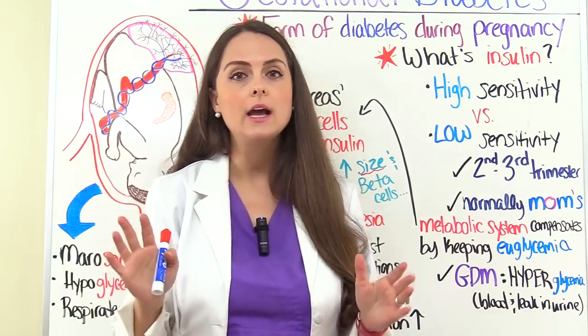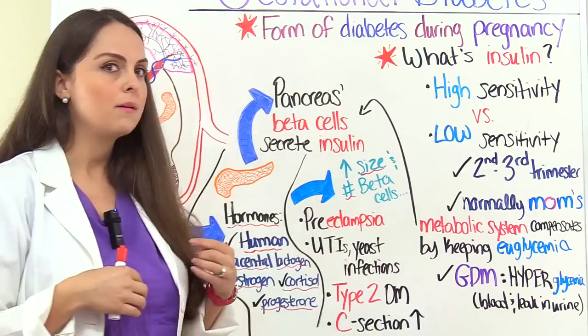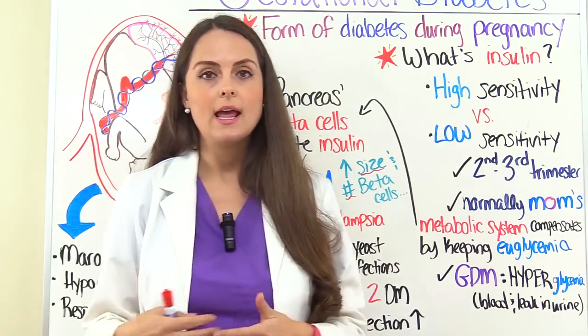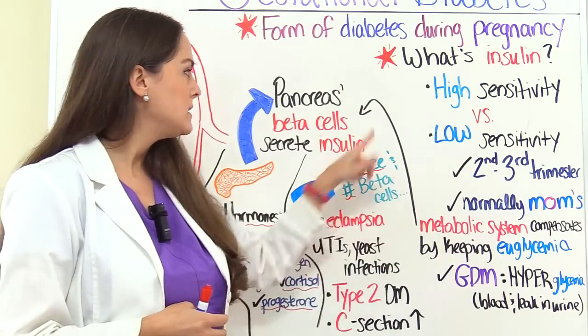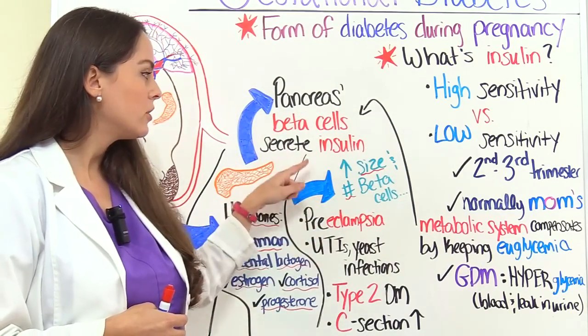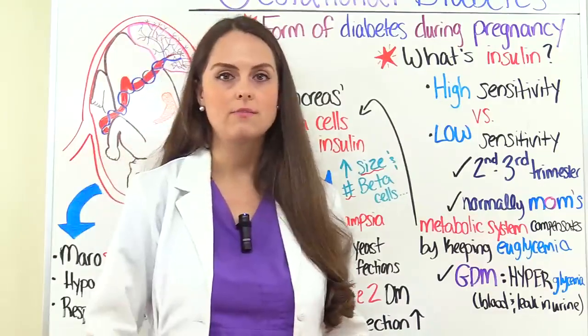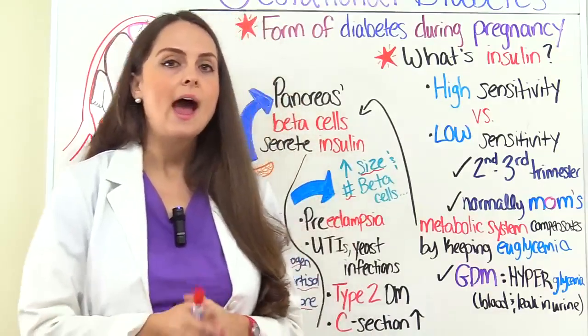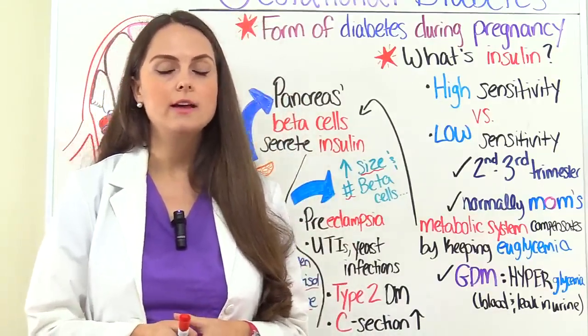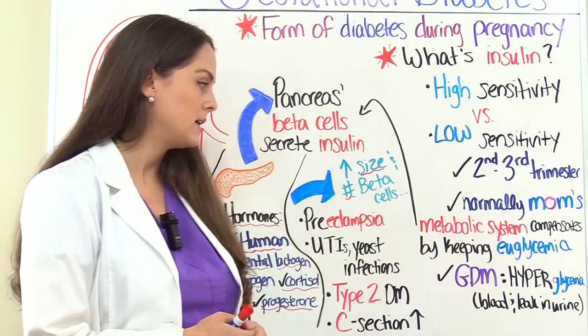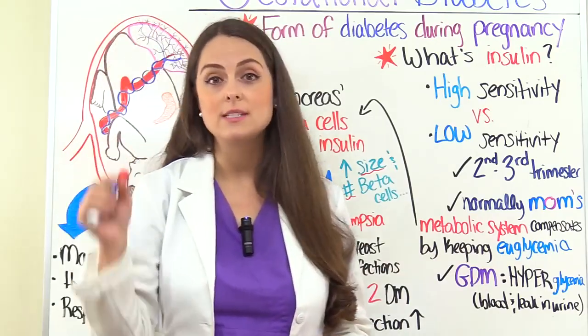It doesn't want her getting any higher because it can be detrimental to her and the baby. So what it does is it increases the size and number of those beta cells so we can have those normal glucose levels. However, patients who develop gestational diabetes are having insulin resistance.